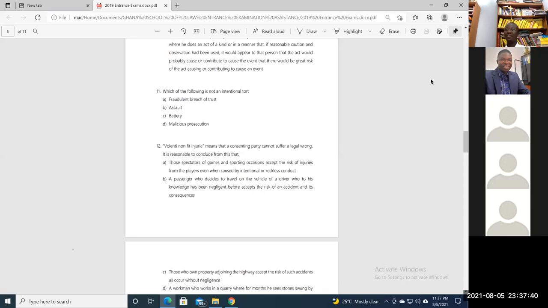And then they will have the action on the case and things like that. So it has to do with the history of the forms of action, but an intentional tort in a way is also a willful tort as opposed to negligence.